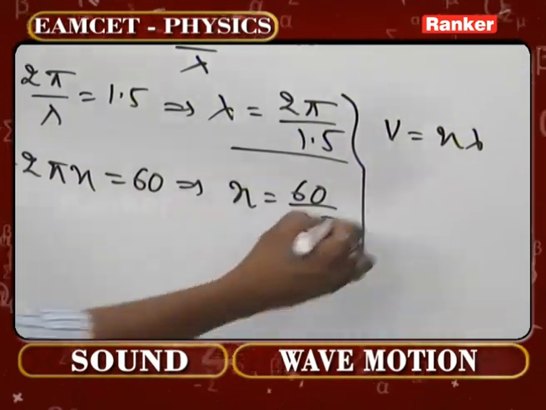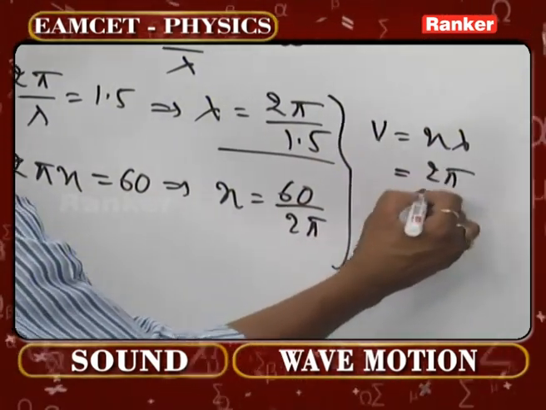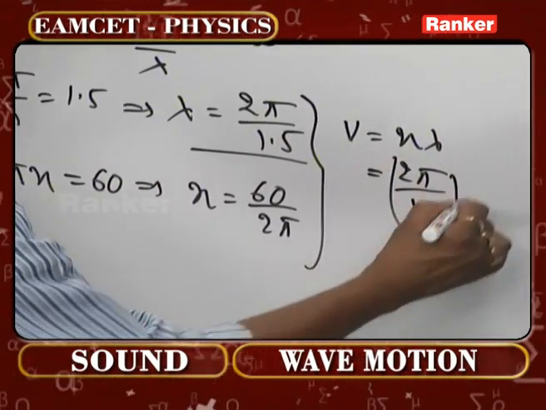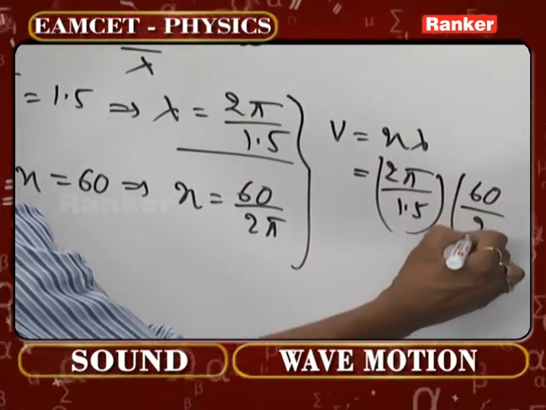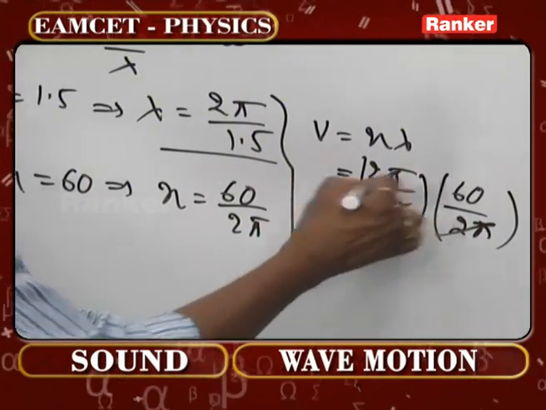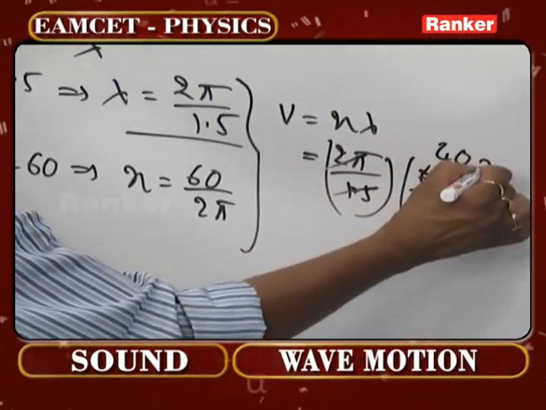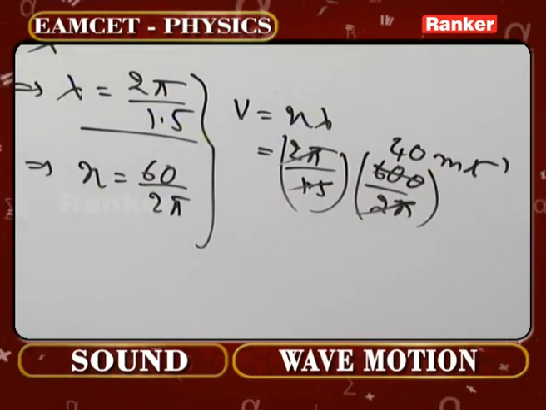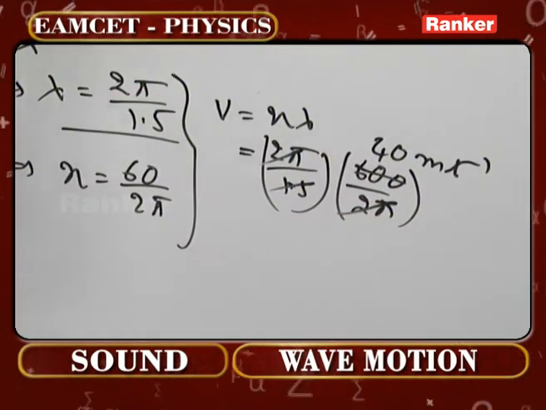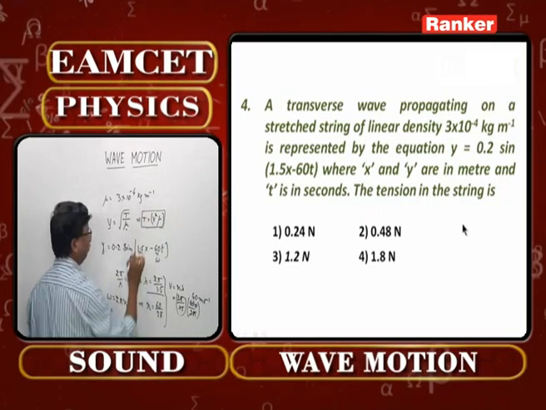V is equal to n lambda. 2 pi by 1.5 into 60 by 2 pi. In fact, 2 pi gets cancelled. 60 by 1.5 of course goes just 40 times. So what is the velocity over here? 40 meter per second. Come on, just substitute that value over here.